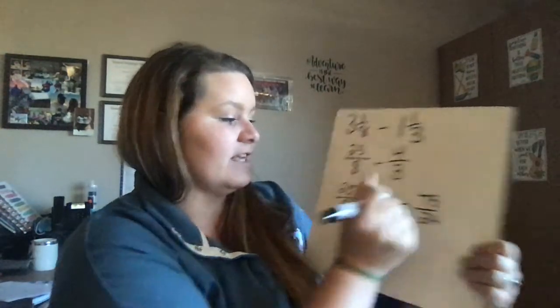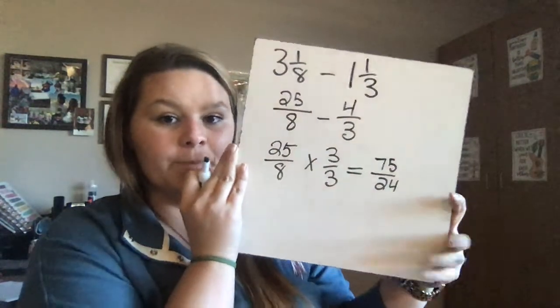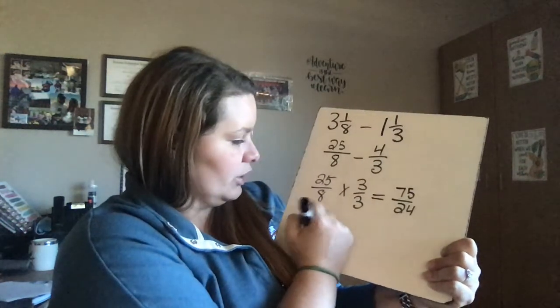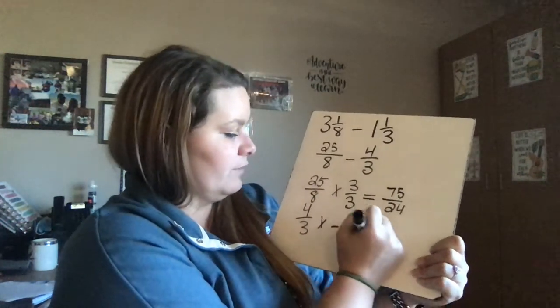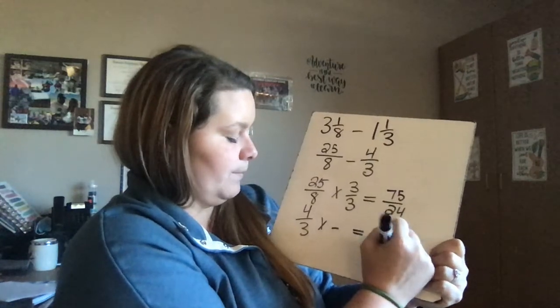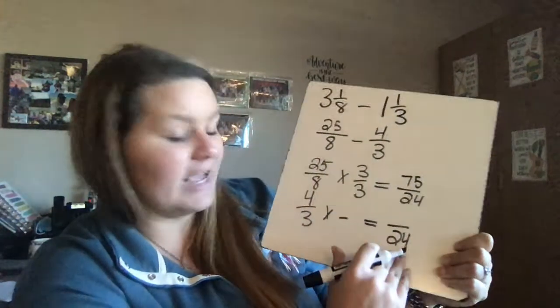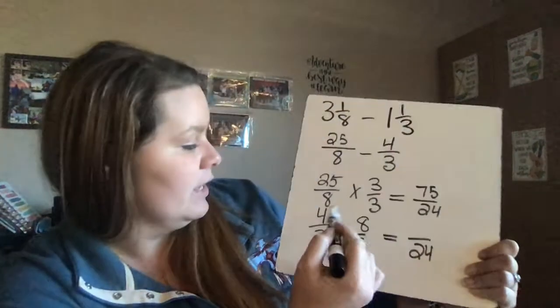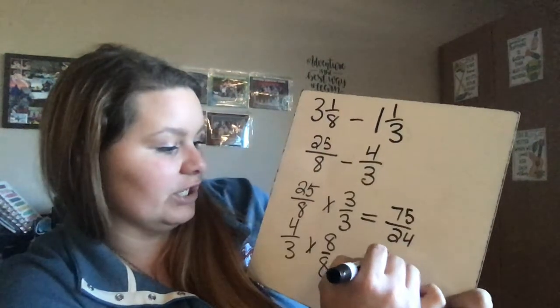So we have 75/24. Now we have to change 4/3. So 4/3 times something gives me a denominator of 24. Well, I know 3 times 8 is 24. You do it to the bottom, you do it to the top. And I know 4 times 8 is 32.